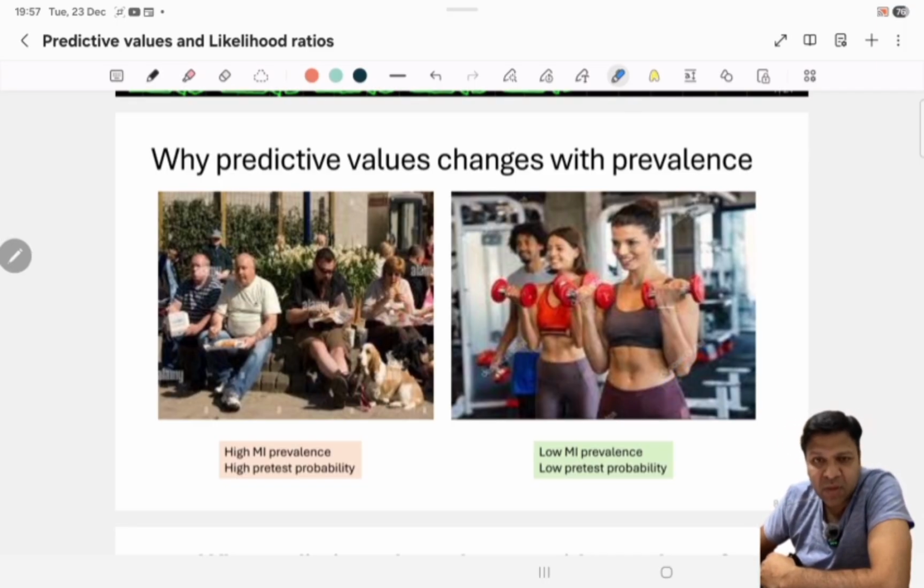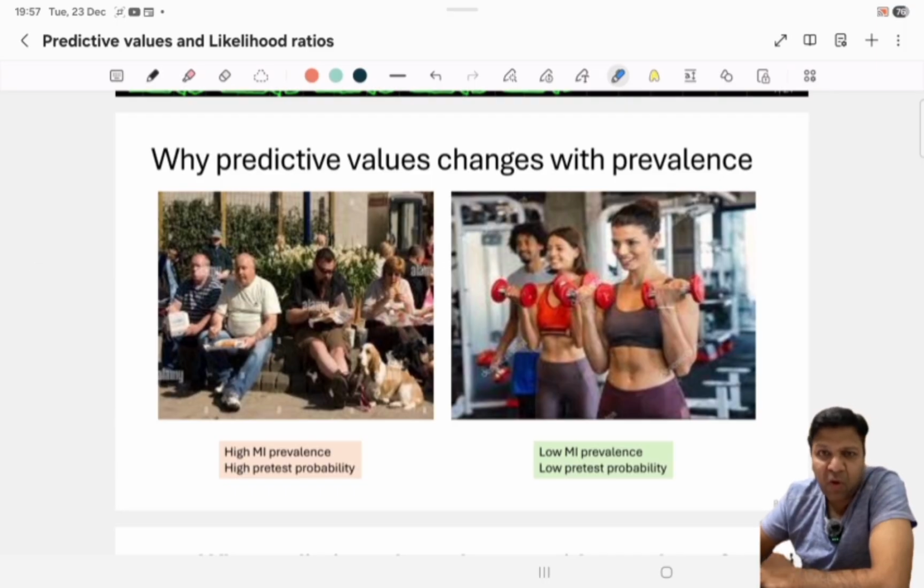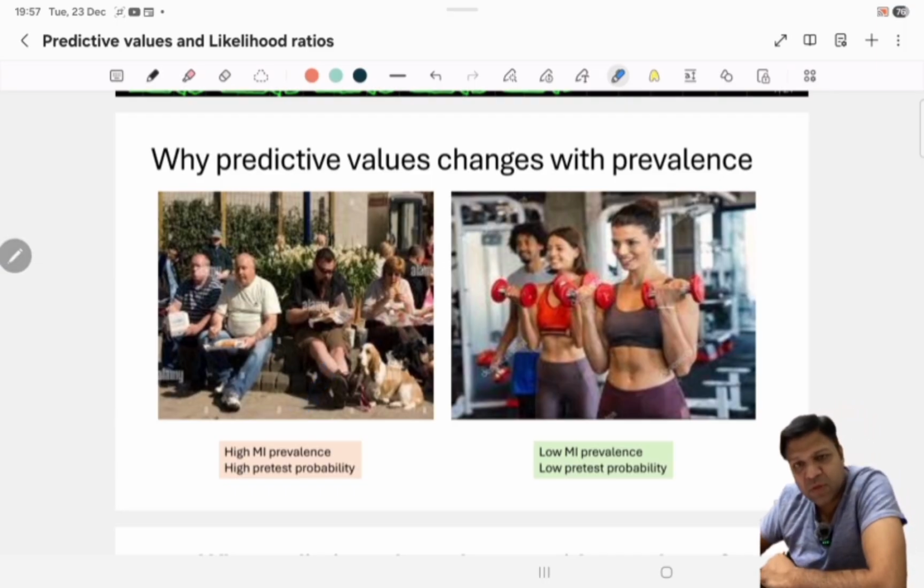Although the test is positive for both these patients, there are more chances of this test being a false positive in the patient coming from this population, and there is more probability of this test being a true positive if the patient is coming from this population.